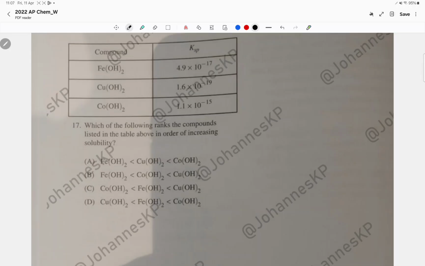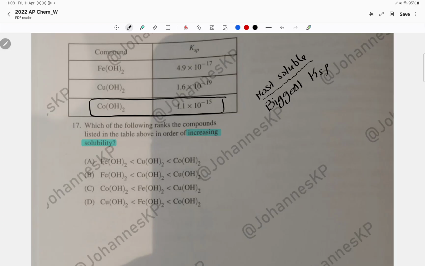So, you want to have increasing solubility, so look, the most soluble one is going to be the one with the biggest KSP. So which one here is the biggest KSP? Co(OH)2.